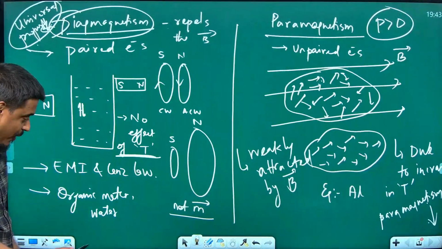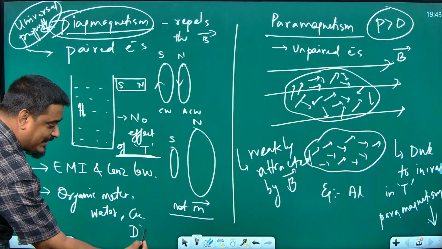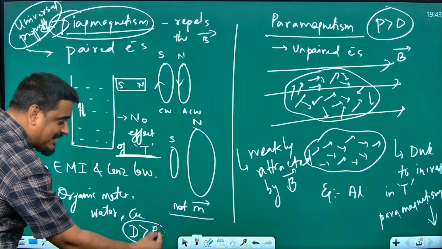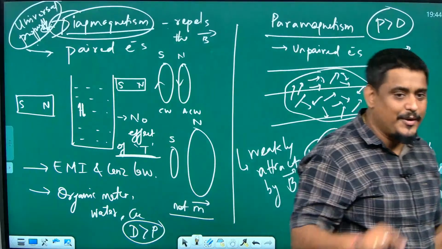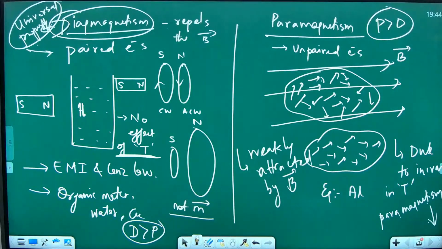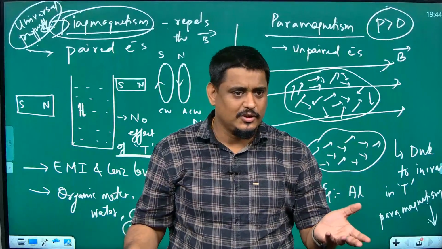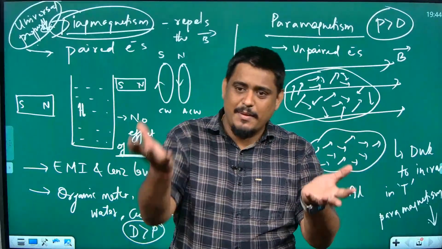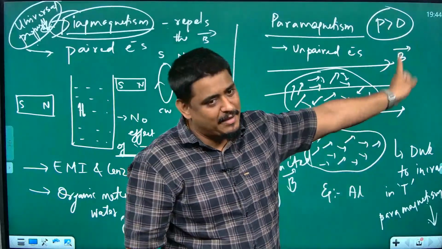There are elements like copper, I will give copper as an example, whose diamagnetic properties are more than paramagnetic properties, so they will be diamagnetic in nature. Are you getting my point? There are atoms which have paired as well as unpaired electrons. So now there is a fight between diamagnetism and paramagnetism. If paramagnetism is stronger, it will become a paramagnetic substance.